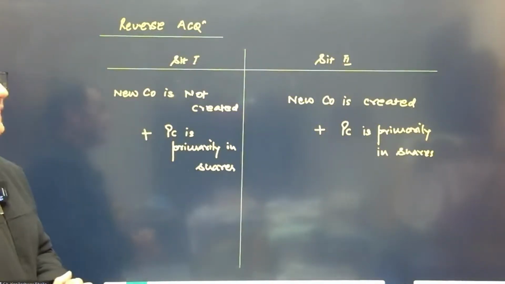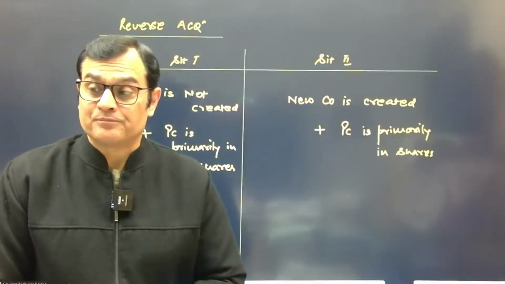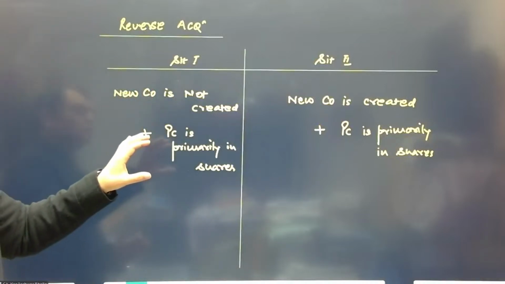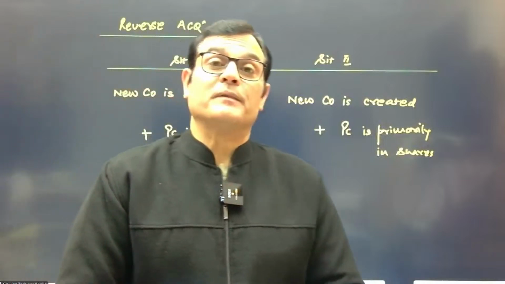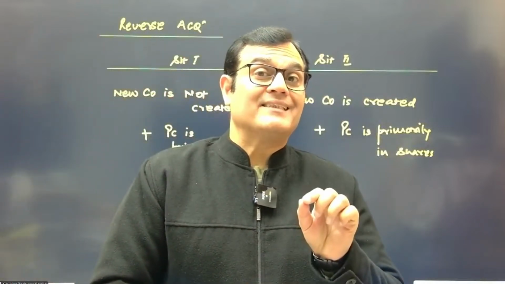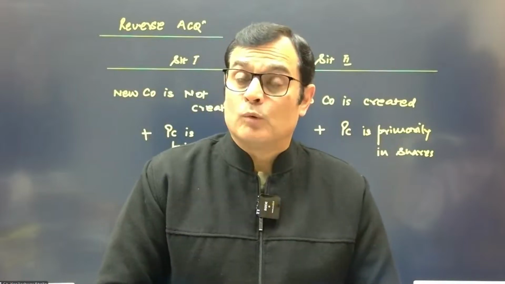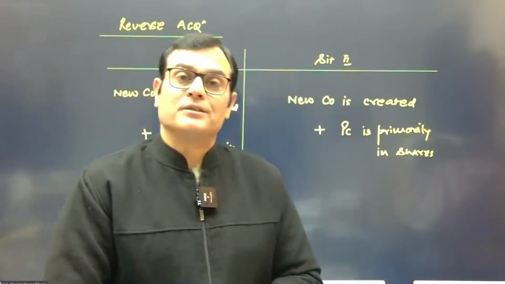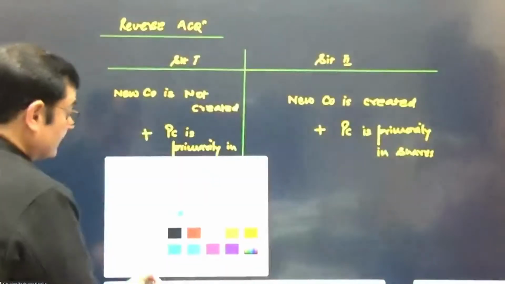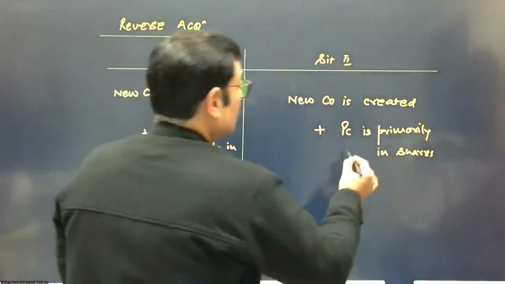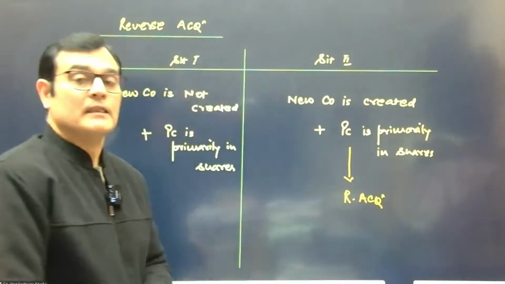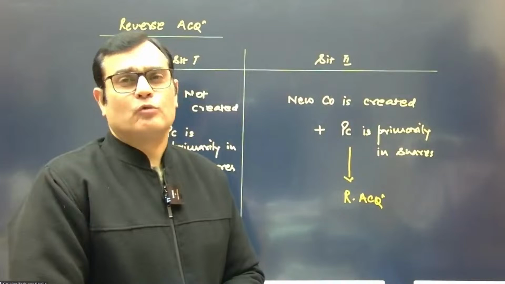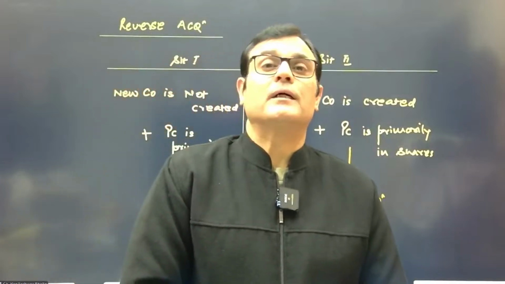If you remember my step number 1 discussion, when we were identifying the accounting acquirer, I had given you these two situations apart from the consideration being in terms of cash. Now, when a new company is created and the consideration is primarily in shares, we outrightly said it would be a case of reverse acquisition, because one of the existing companies undoubtedly will get a majority of shares in the new company.